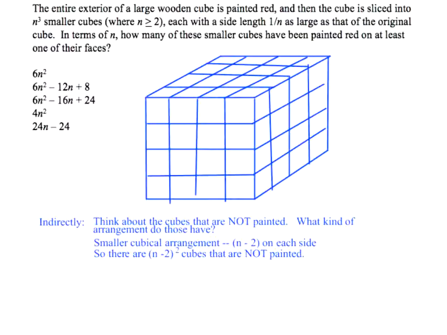If you just want the ones that are painted, then you take the ones that are not painted and subtract them from the total number that you have. So the total is n cubed. So you just do n cubed minus n-2 cubed.